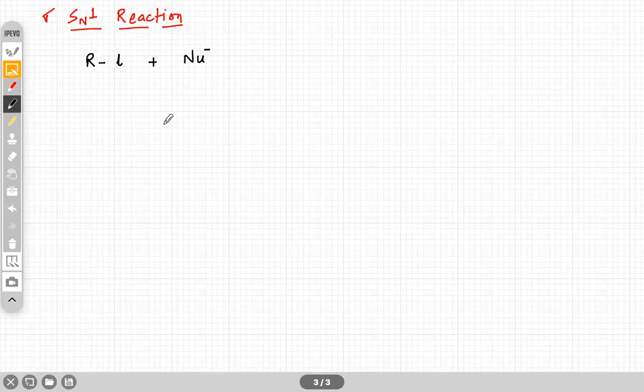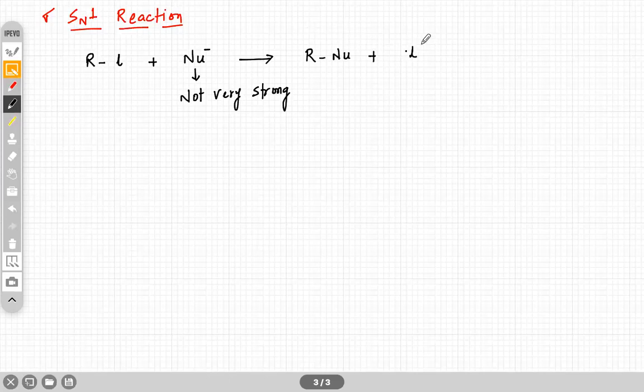This nucleophile could be moderate, not very strong. When it goes under reaction, it gives the product RNu, and the leaving group goes out as L minus.